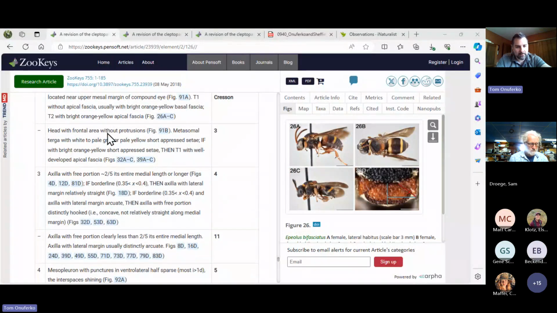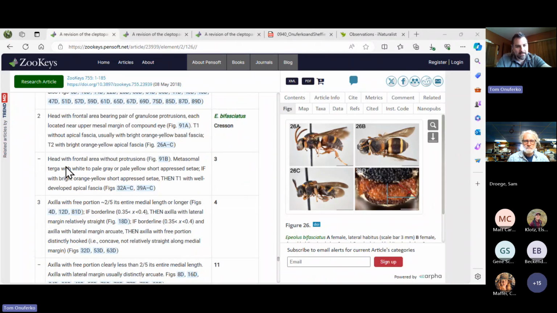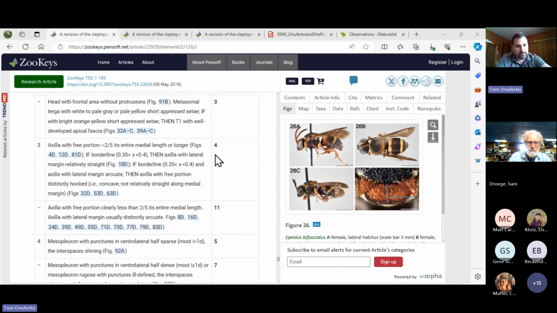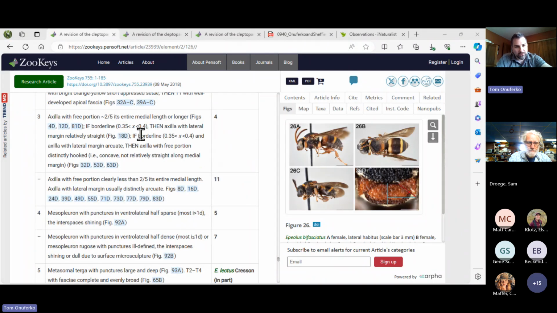So now we've ruled out Epeolus bifasciatus, and we'll continue to couplet 3. This is a bit of a tricky one. It has if-then characters in it.